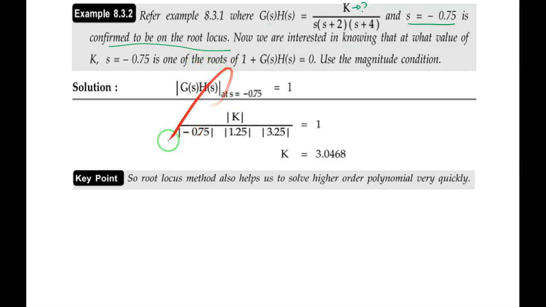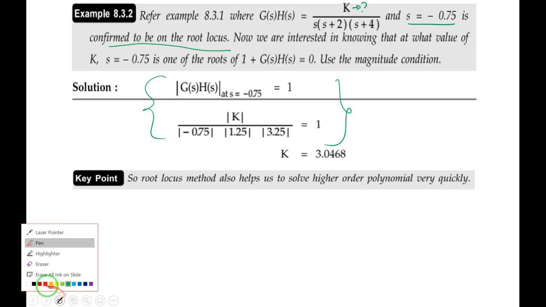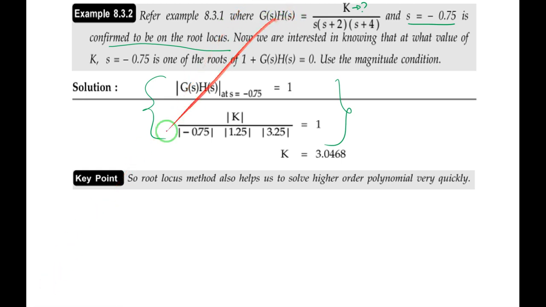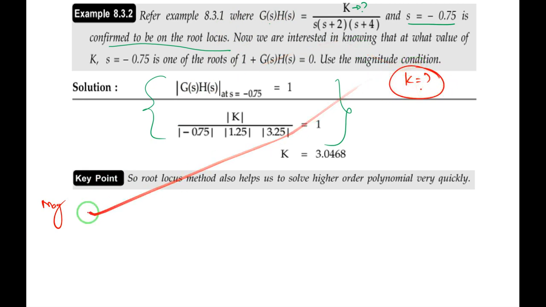Leave this, don't look at this, I'll solve here. So let me change the ink color. What is the magnitude condition? We want to find out the value of k here, so we'll make use of the magnitude condition.